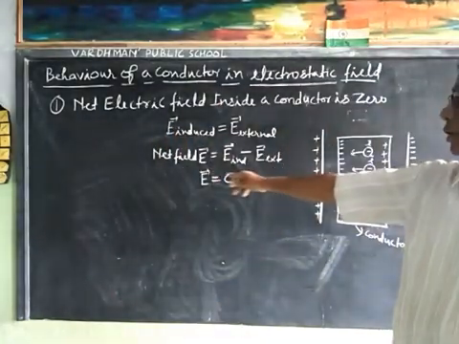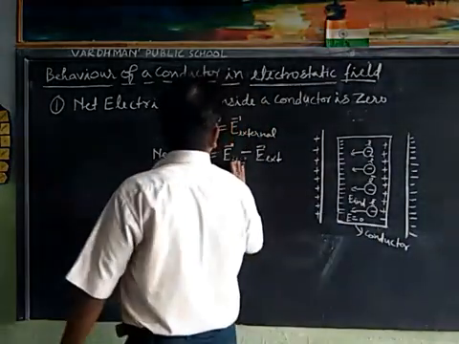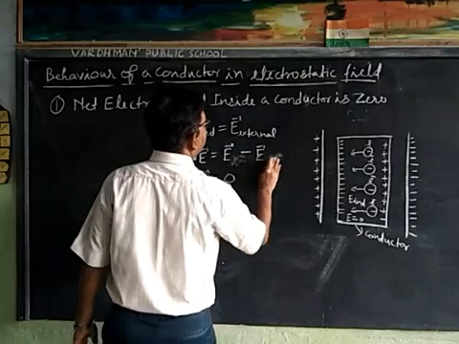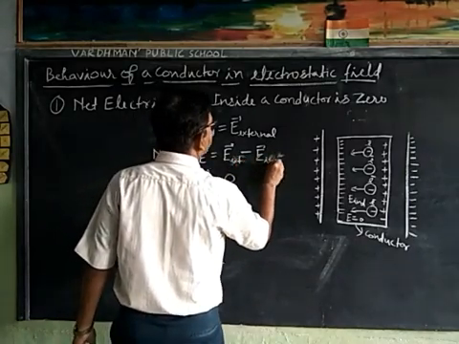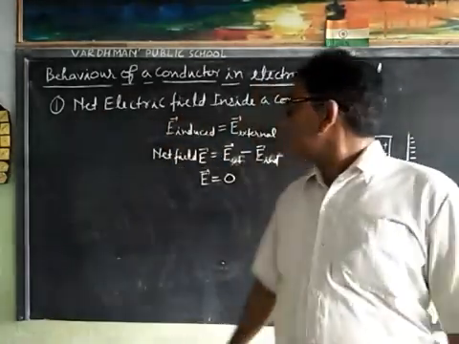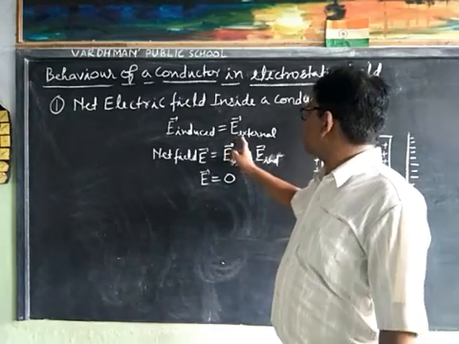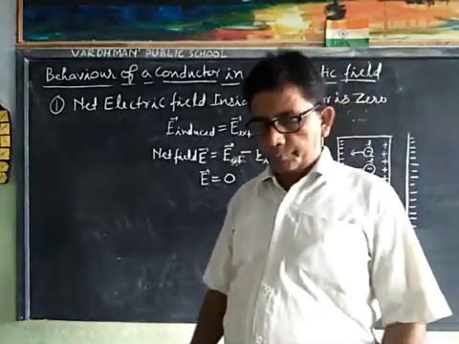Since E induced is equal to E external, therefore net electric field inside a conductor is 0.